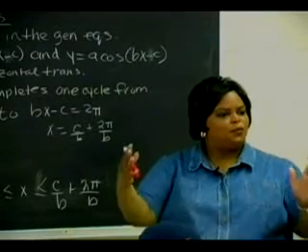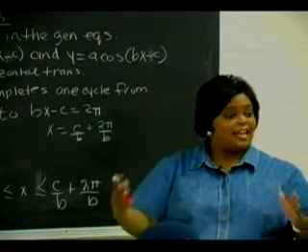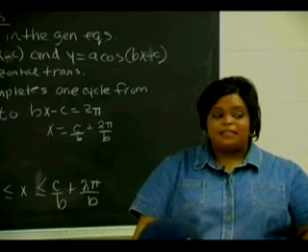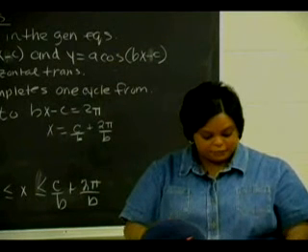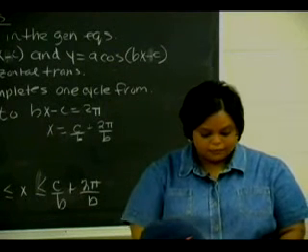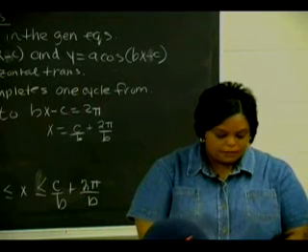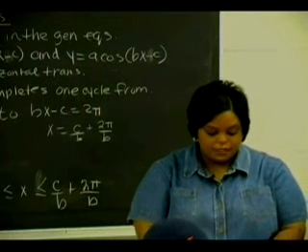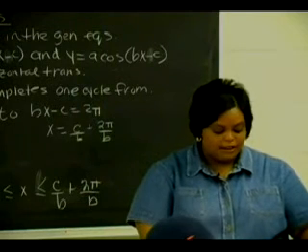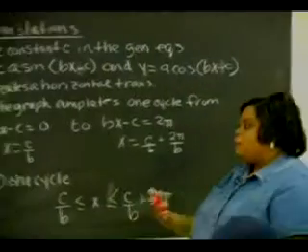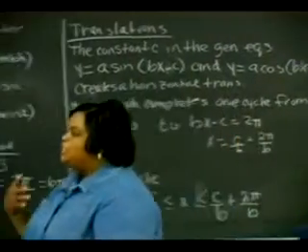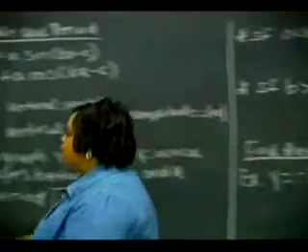It kind of tells me where I start and where I end this graph. May not start at 0. So what we're about to do now and for the rest of today is to graph several of these using these 5 key points.